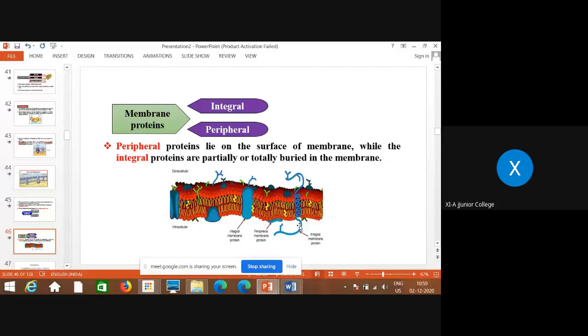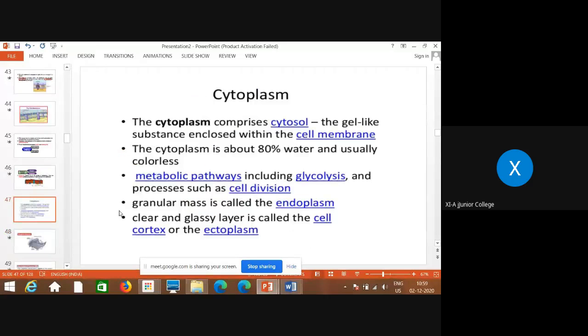Peripheral proteins lie on the surface of the membrane, while integral proteins are partially or totally buried in the membrane. This is the basic difference.